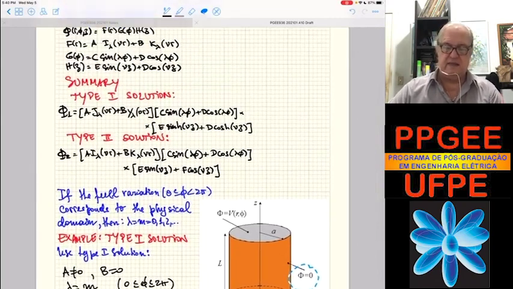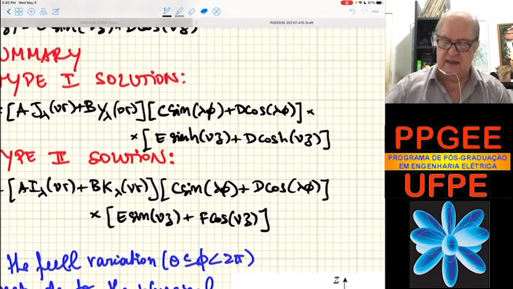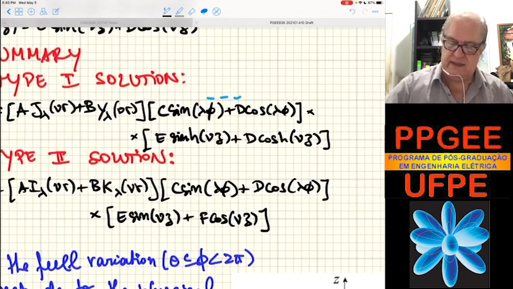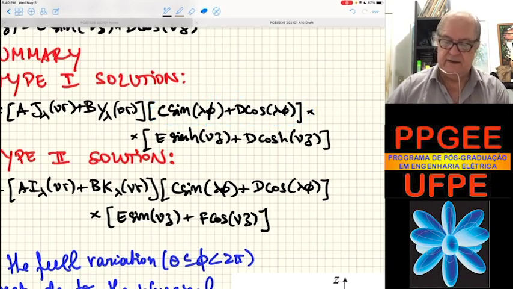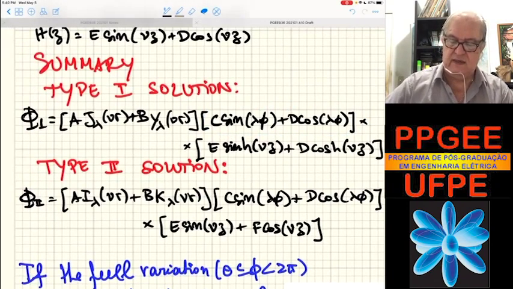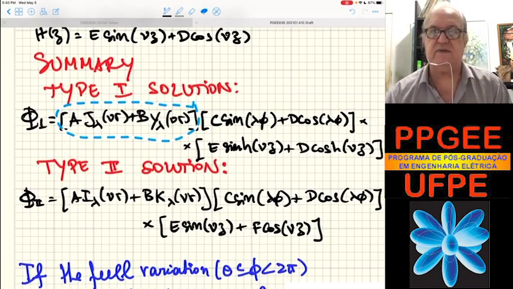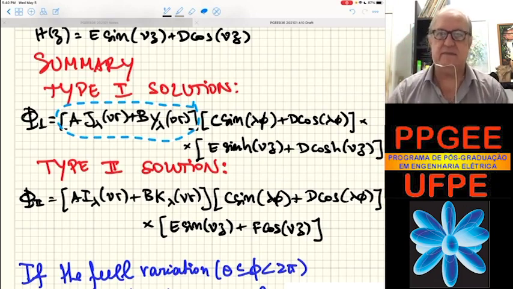So clearly, the solution that's going to work here is the one that has periodicity in phi, lambda an integer, and also has a 0 at the r equals a wall. We have to use oscillatory functions relative to r.